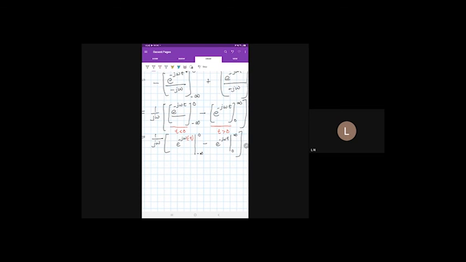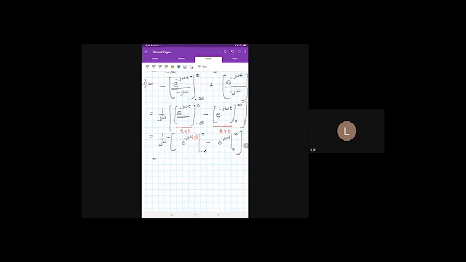So upon simplifying it, we will have 1 by j omega as the common term. Inside you have e raised to power j omega t, with limits 0 and minus infinity. Then we have the second term, e raised to power minus j omega t, with limits infinity and 0.